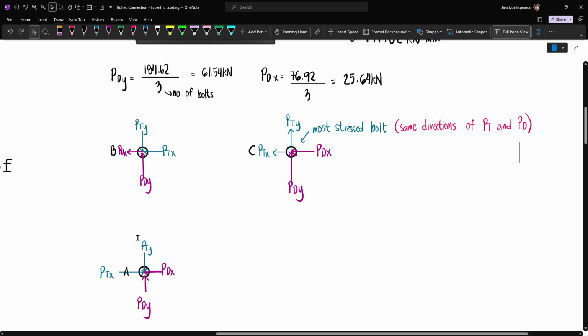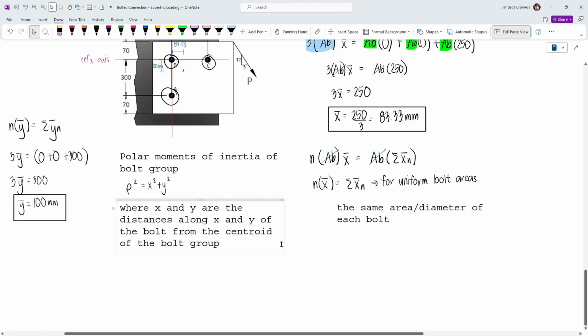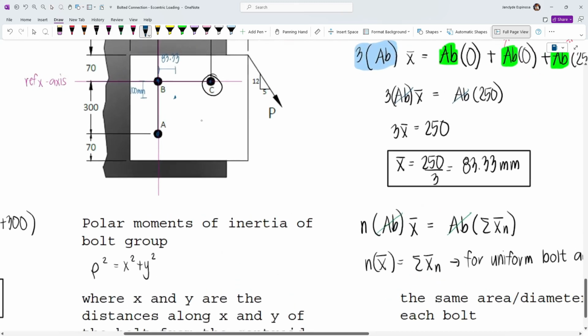Now, sir, how are we going to solve the values of PTY and PTX? We'll try to determine how PTX and PTY are to be computed. Now we have here, for the polar moment of inertia of the bolt group, rho squared equals x squared plus y squared. This is from the Pythagorean theorem. Now, this was the centroid of the bolt group.